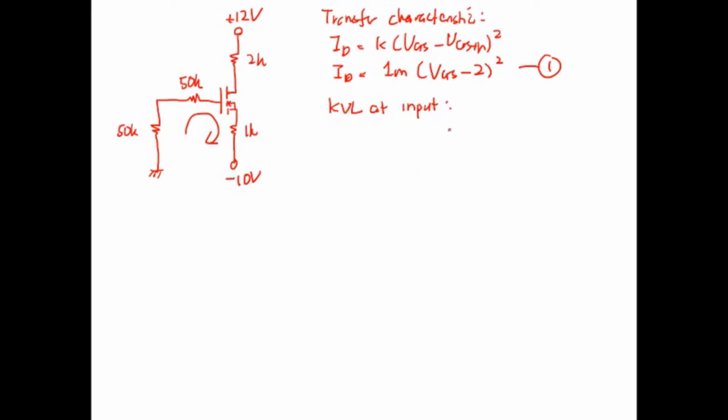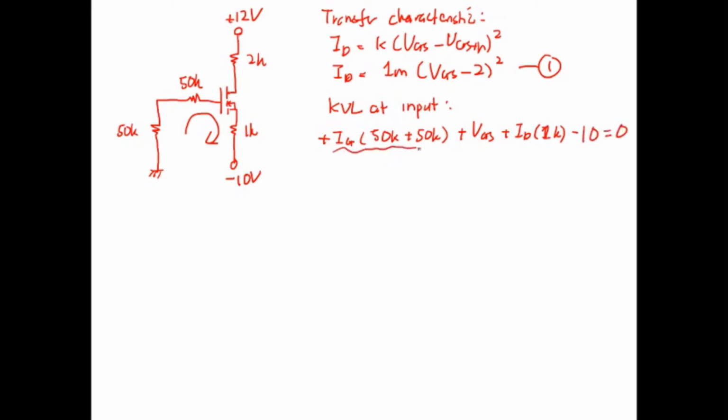When you do the KVL at the input loop, you will have IG times 50K plus 50K, and then plus VGS plus ID times 1K, and then minus 10 equal to 0.